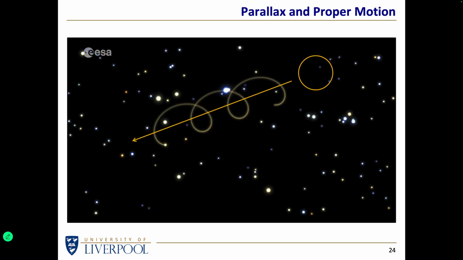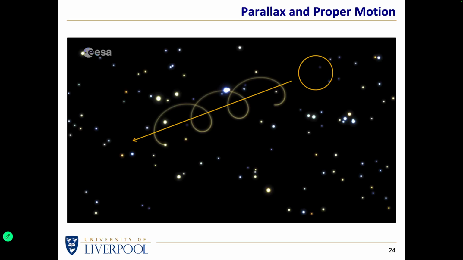If you can measure the corkscrew accurately enough over a long enough period of time, then you can effectively untangle the idea of a linear motion due to its motion around the Milky Way. Over a period of a few years, they will all look approximately linear. We're not going to be watching these stars for millions of years, of course. It'll be an entanglement of that linear motion and the circular motion due to parallax.